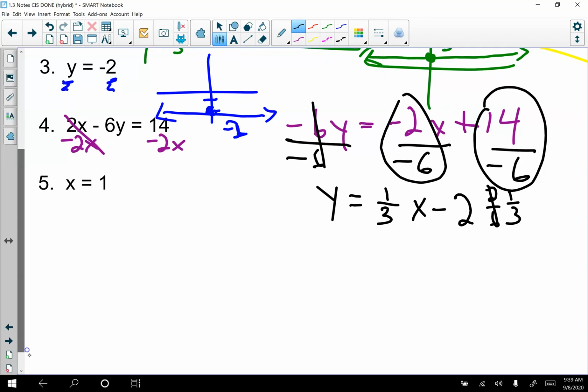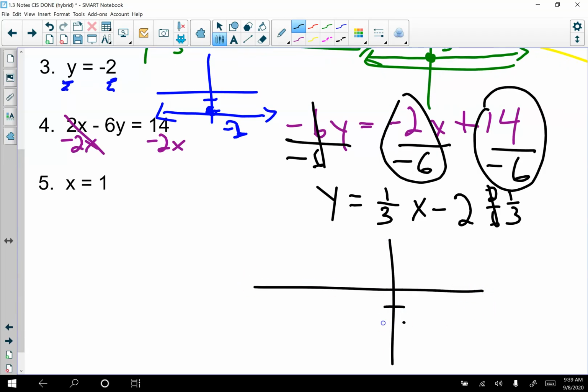And then I'm going to go ahead and graph that one. So I'm at -2 1/3. And I'm going to rise 1, and I'm going to run 3. So I'm going to rise 1 and run 3. That's my second point. Go ahead and draw your line, and I'm done with that one.